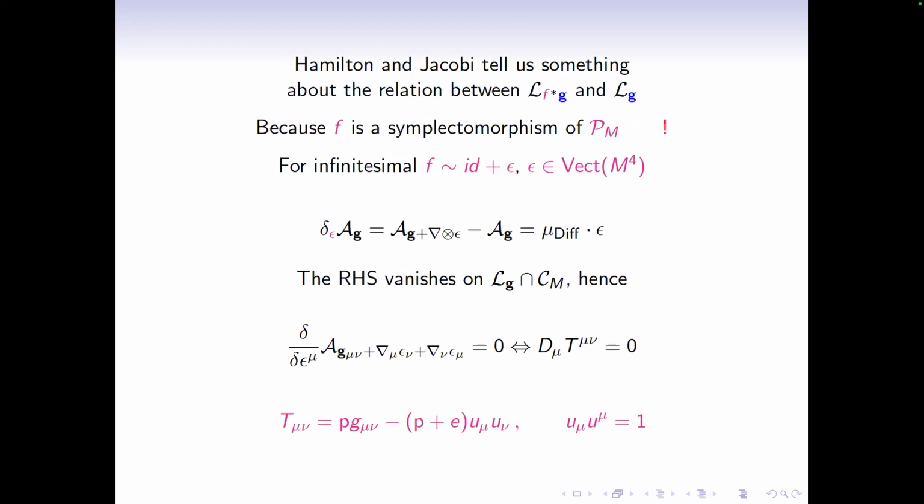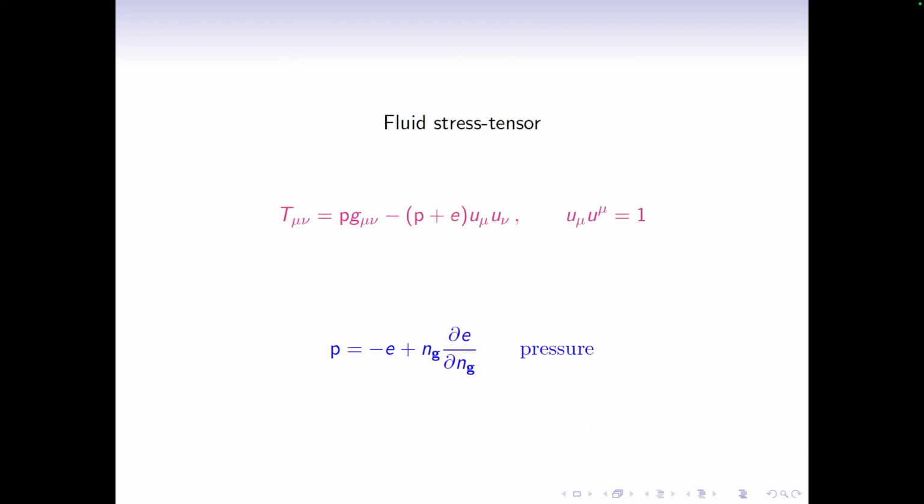Okay, so that I explained. This is the actual shape of the stress tensor, which you get from this particular derivative of the function. So it's a conventional fluid stress tensor.